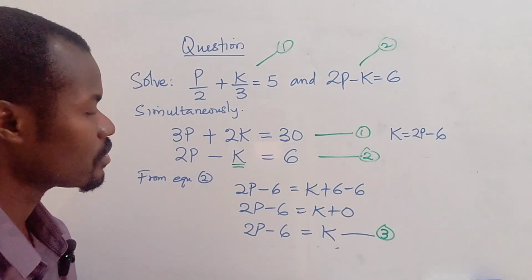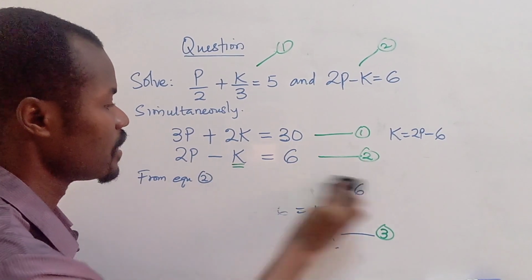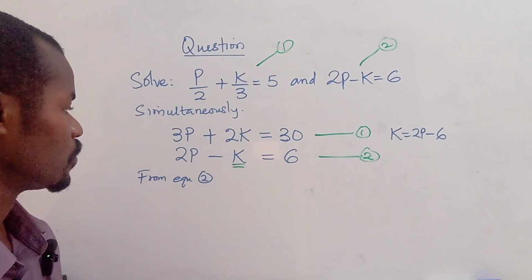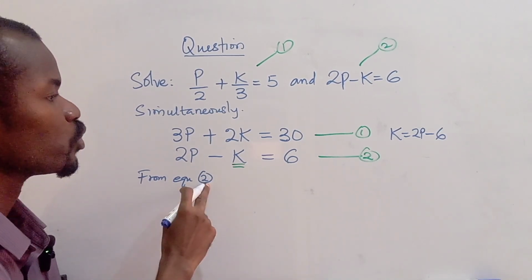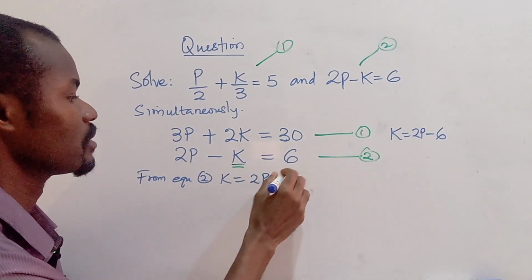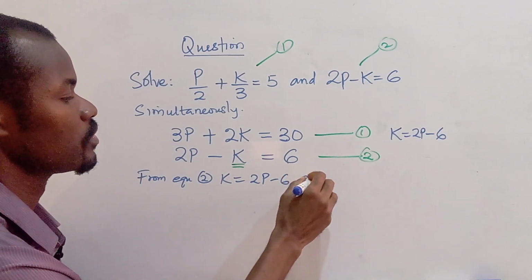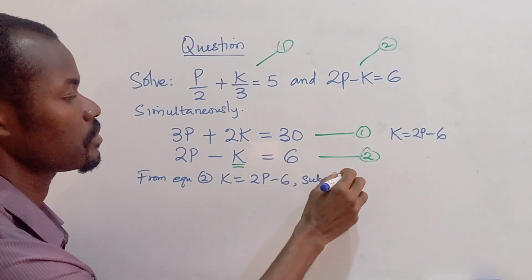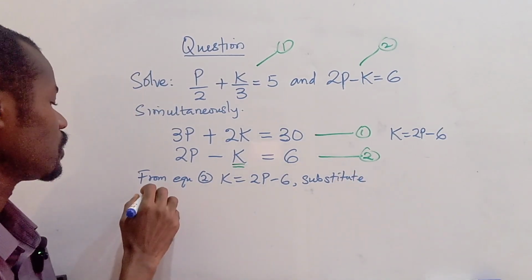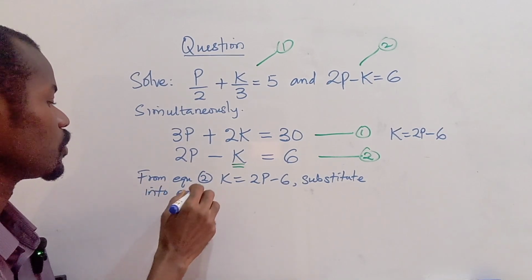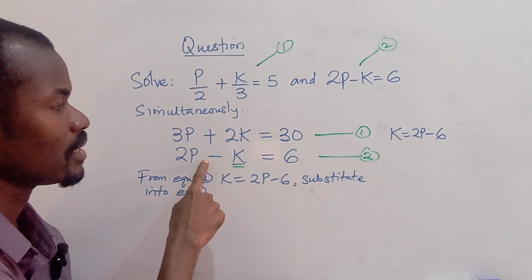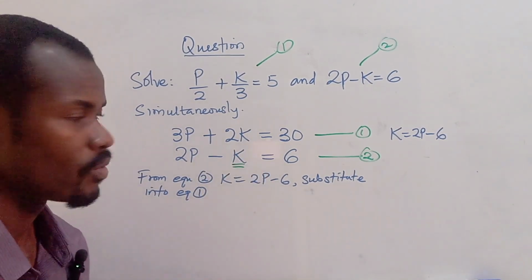Now we are going to substitute the value of K, which is 2P minus 6, into equation 1. That is why it is called the substitution method. Since we made K the subject here, we are going to substitute into equation 1.